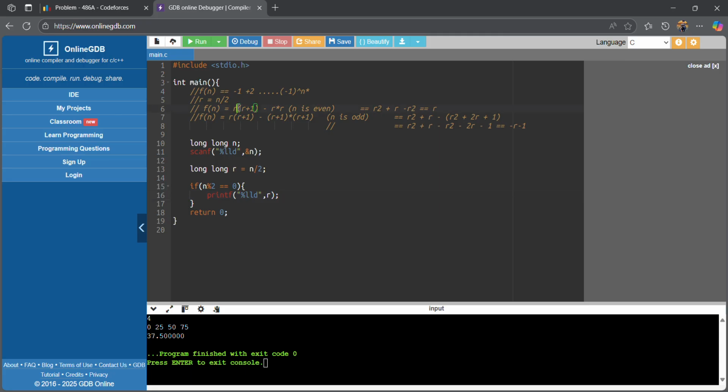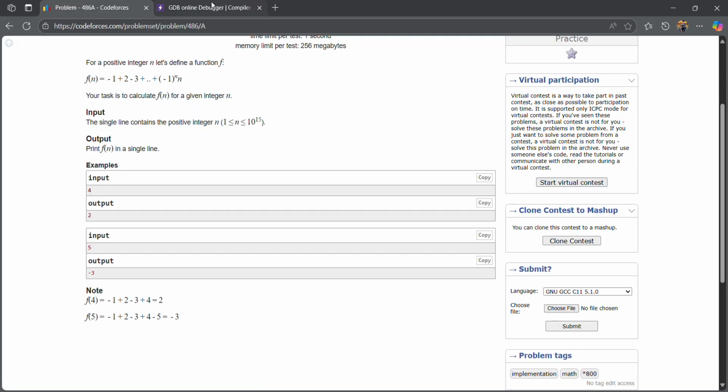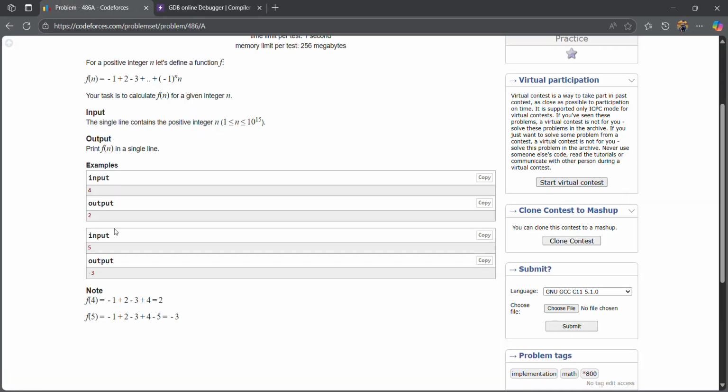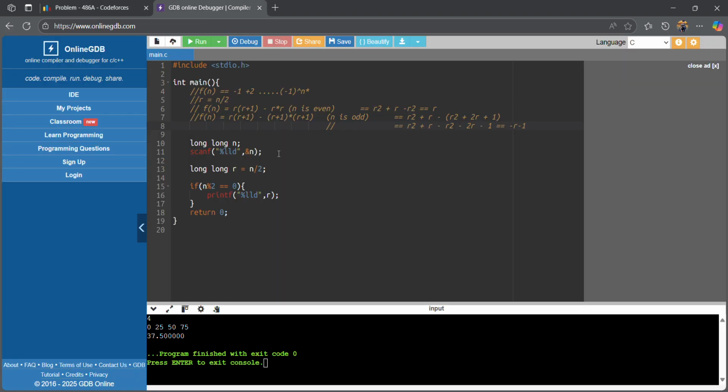Let's confirm that our answer is correct. If n is odd, say it is 5, so 5 divided by 2 with integer division is 2, and minus 2 minus 1 means minus 3. That is the correct answer, as expected.